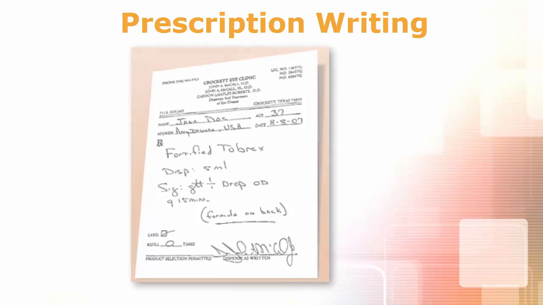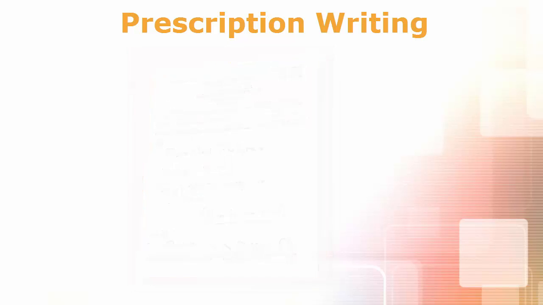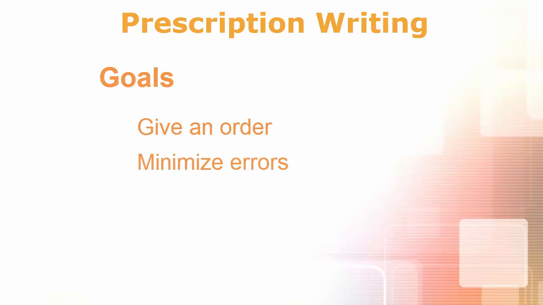The script serves not only as an order for the pharmacist, but also as a communication tool to minimize errors in dispensing. If you're writing one out, it needs to be complete, accurate, and legible. There are three goals to writing a prescription: to generate an order for a medication to be dispensed to a patient, to communicate complete details to the pharmacist to help minimize errors, and to comply with rules that govern prescribing medication.